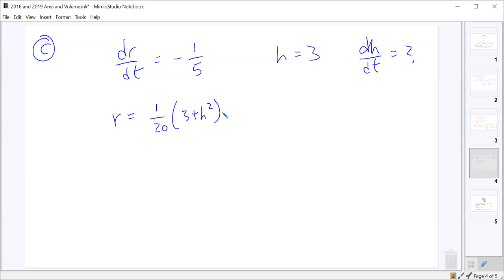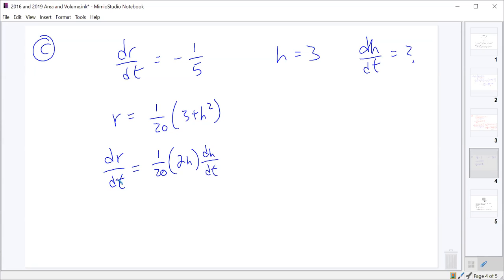Everybody good there? So what is dr/dt equal? Well, it's just the derivative of this with respect to t, which is 1/20th of 2(3 plus h) dh/dt.